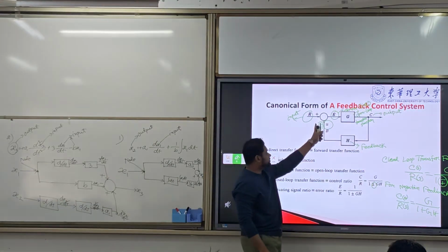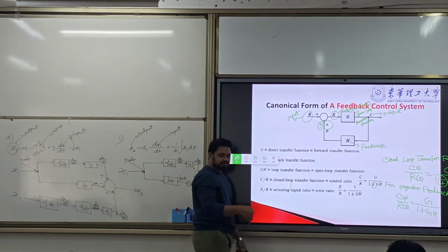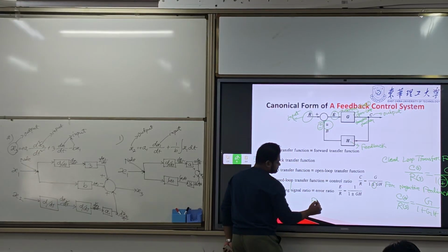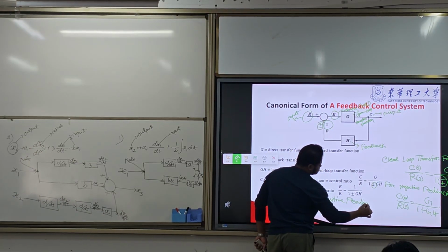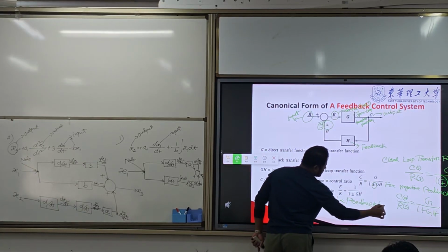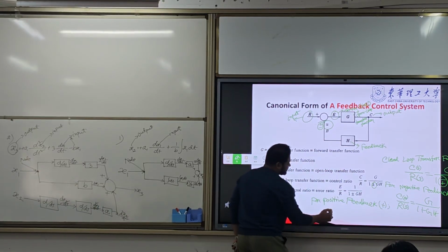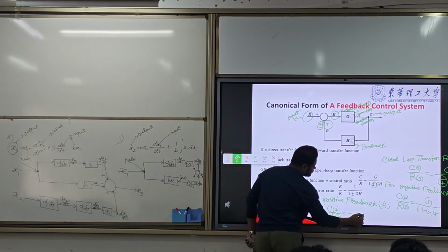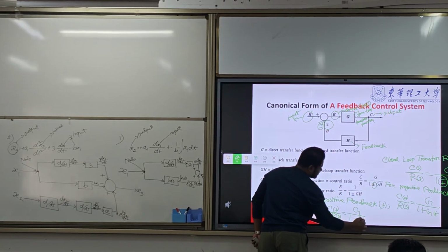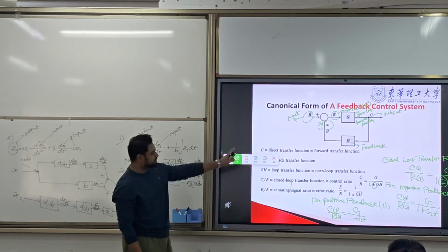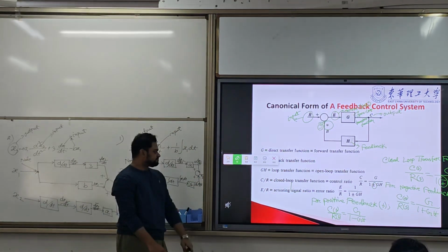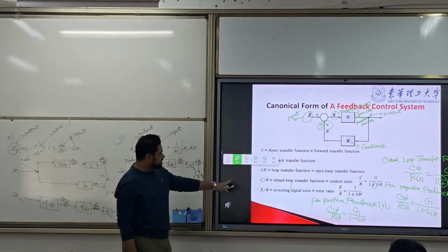For positive feedback, C(s) by R(s) is equal to G by 1 minus GH. Remember that. That's why this is plus minus, minus plus.